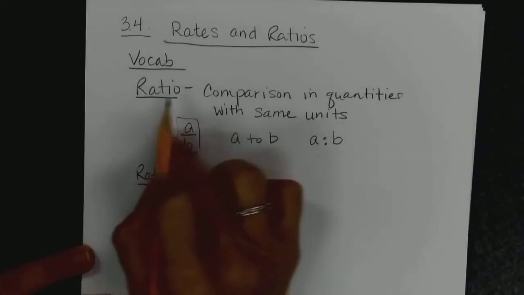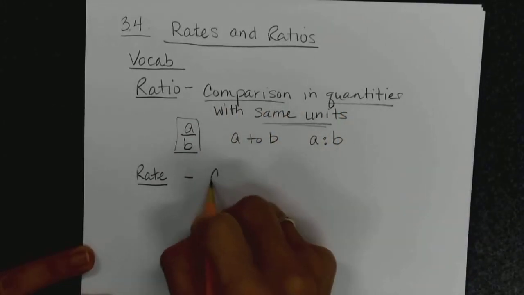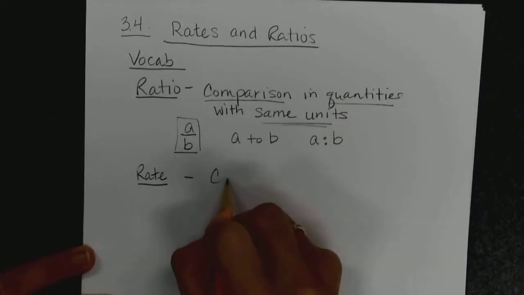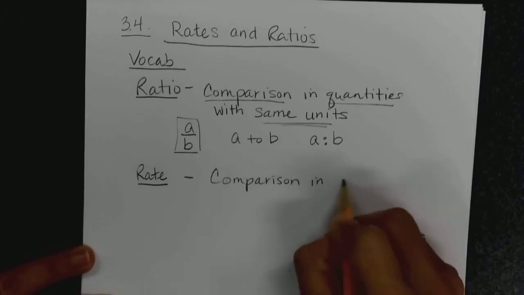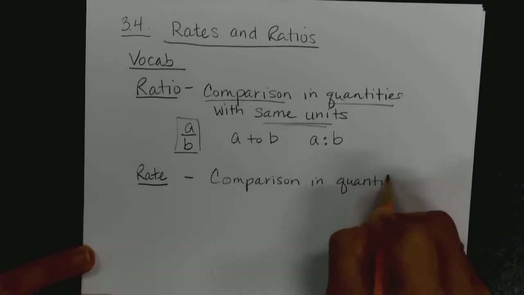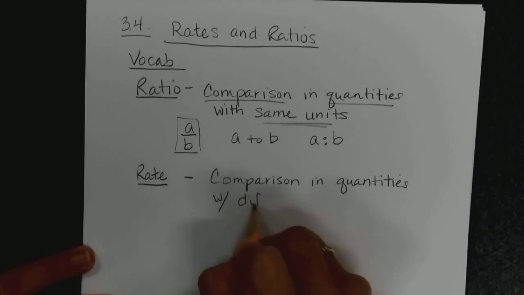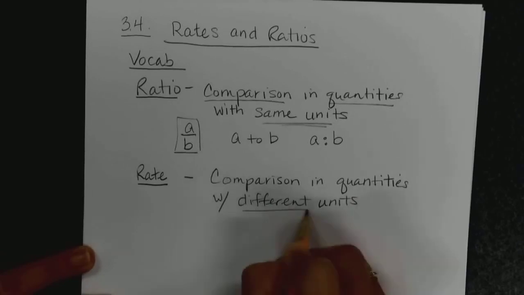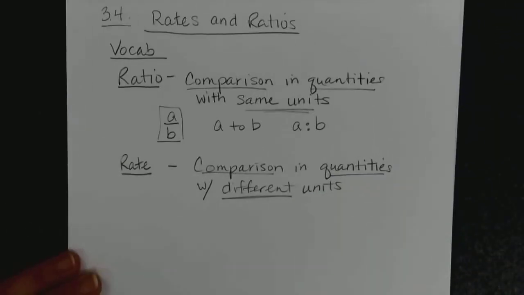Okay, so see how a ratio is a comparison of quantities with the same units? A rate is a comparison of quantities with different units.